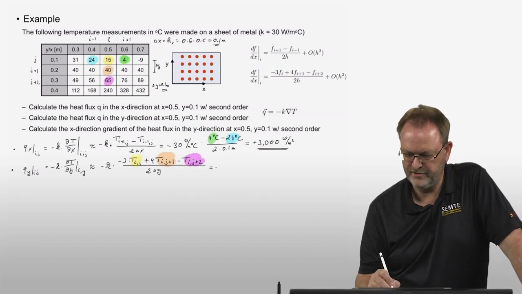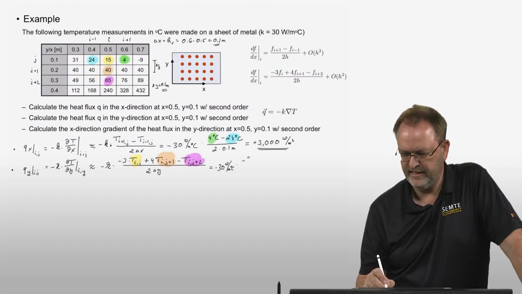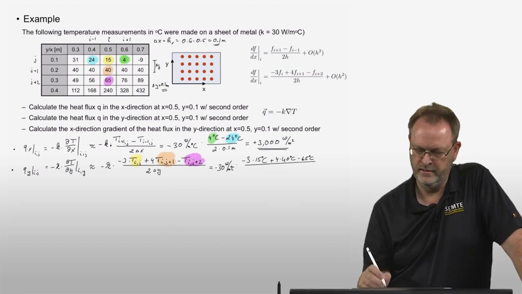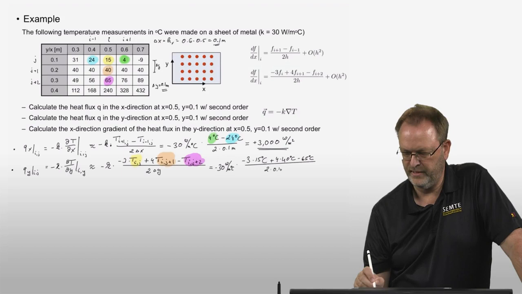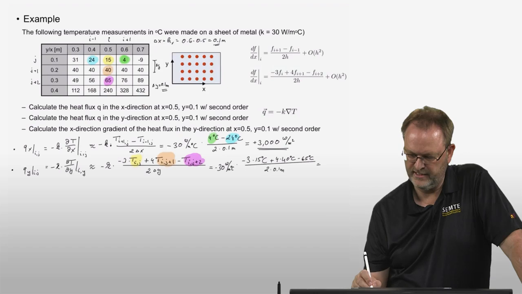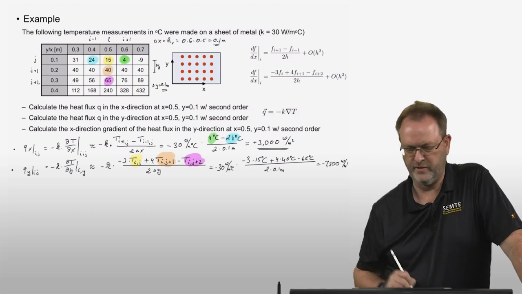So that would be equal to minus 30 watts per meter degree Celsius times negative 3 times 15 degrees Celsius plus 4 times 40 degrees Celsius minus 65 degrees Celsius, and the entire thing divided by 2 times 0.1 meters. And if we plug in the values, we'll get that this is negative 7,500 watts per meter squared.